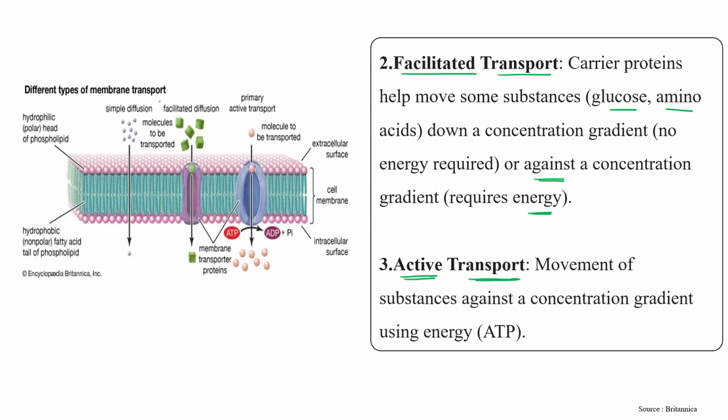So this is simple diffusion from high concentration to low concentration. Facilitated diffusion, where a carrier molecule is involved, is also from high concentration to low concentration. But from low concentration to high concentration, if there is a need to transport a molecule, then that time ATP is involved.